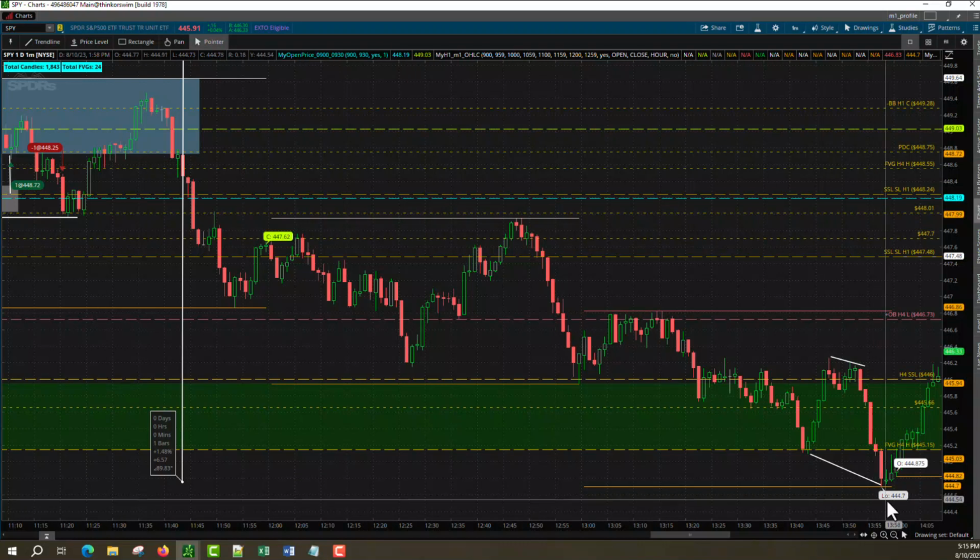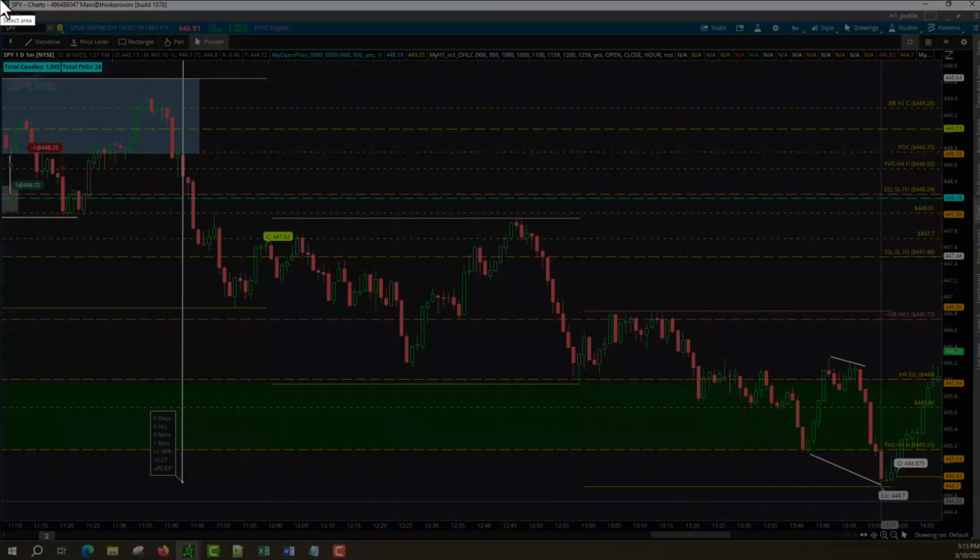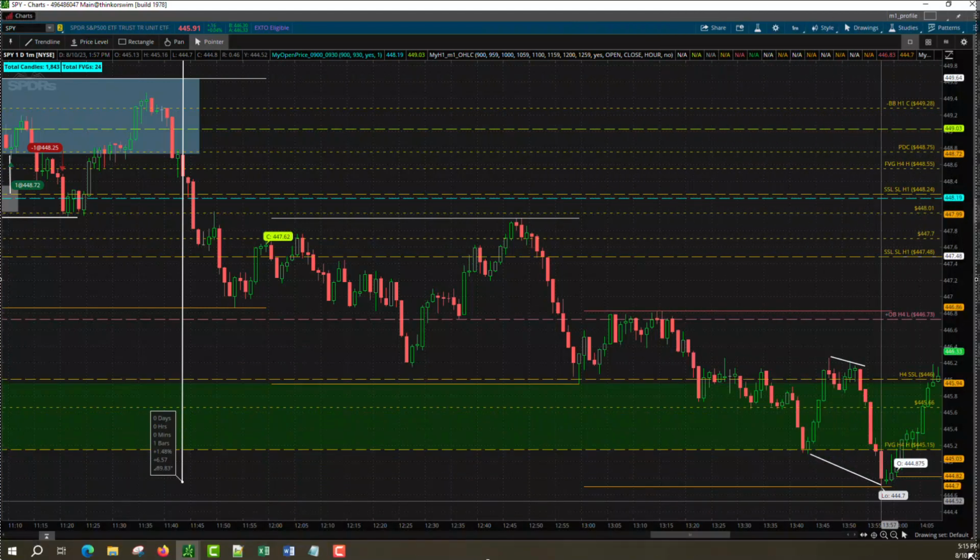Previous day low right there. Who would have thought of that? I didn't think it was going to go all the way down. So that's the lesson learned right there. $6 move. Oh man.